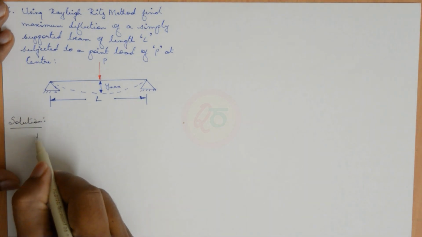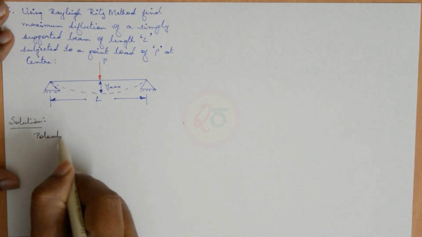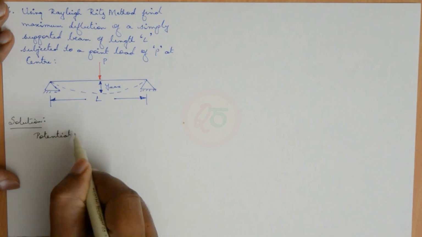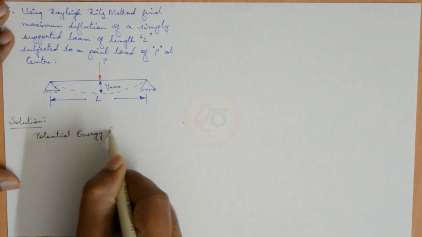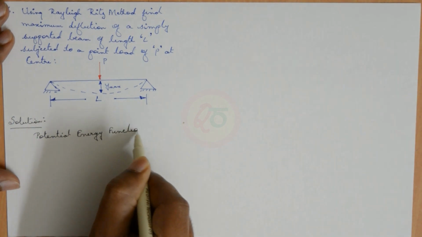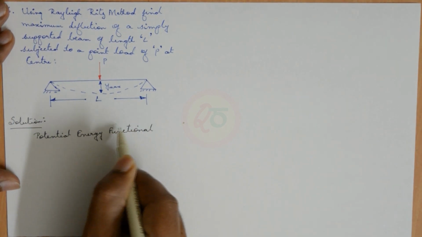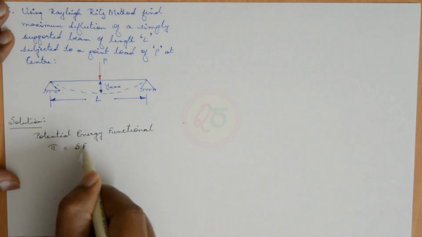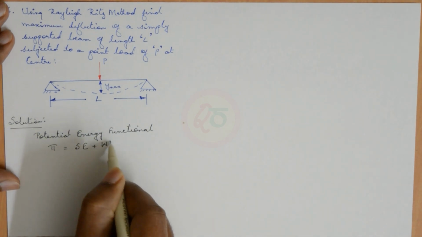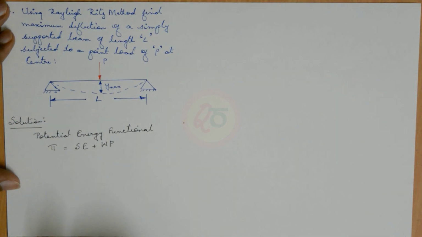Potential energy functional phi is given by strain energy plus work potential.